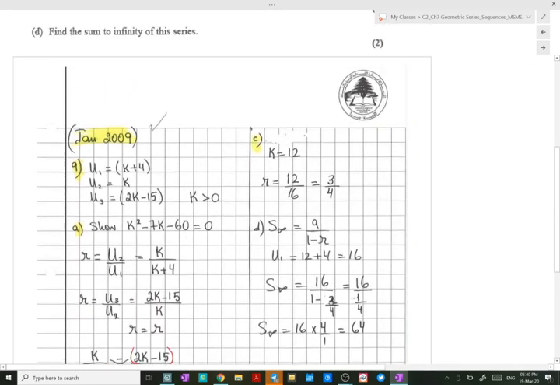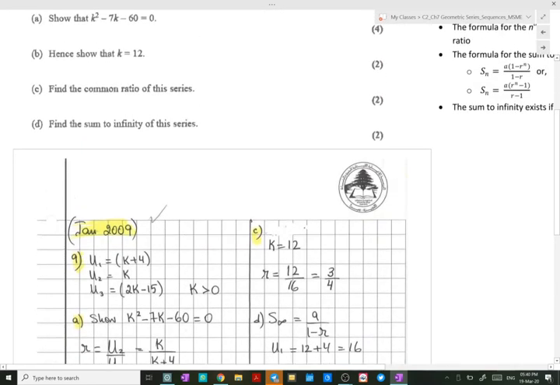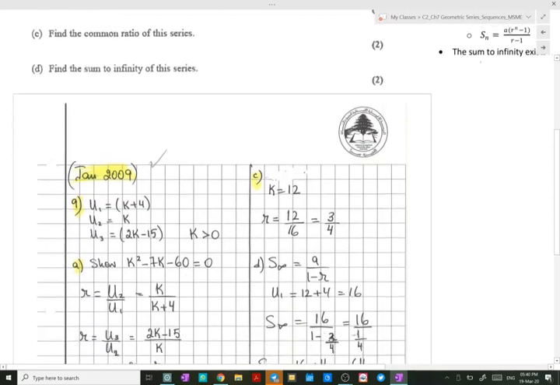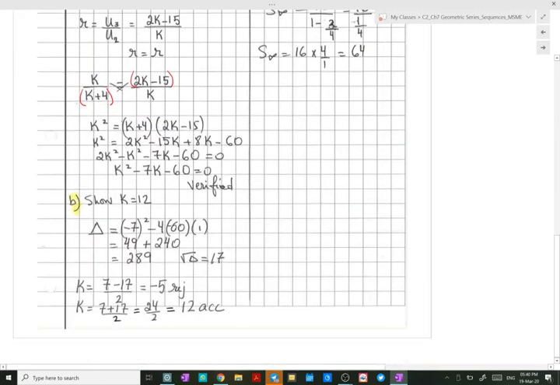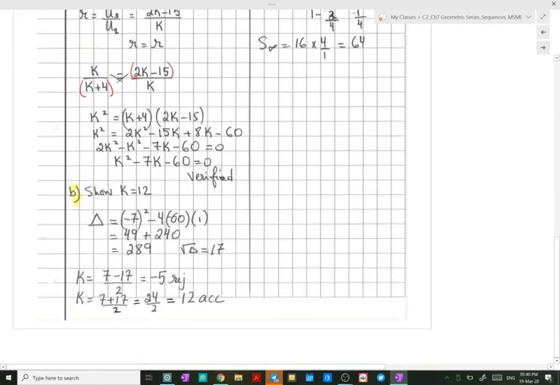In part B, they want you to show that k is equal to 12. So in order to find k equals 12, we need to take the quadratic equation that we already found and factorize it, or find the roots using the quadratic formula.